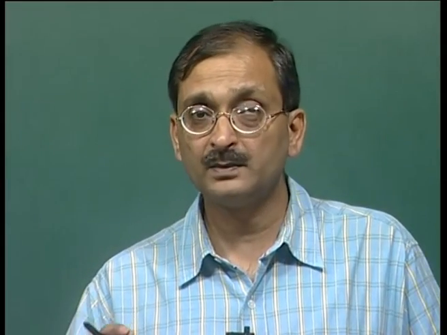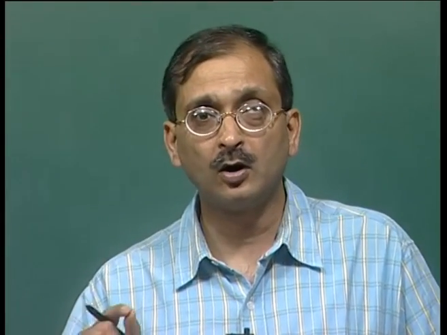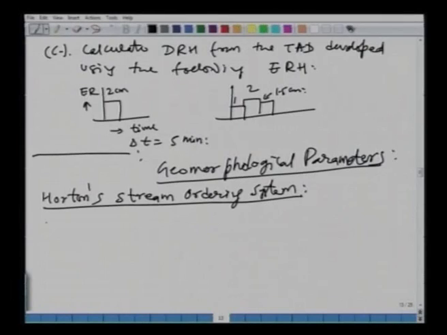They would be upstream channels, small channels which will be forming very small channels in the upstream catchments. All right. So, what Horton has done is he has developed a certain notation or system of numbering or ordering those streams, okay, so that we can calculate many physical or these geomorphological parameters for each of these different types of streams. Okay.